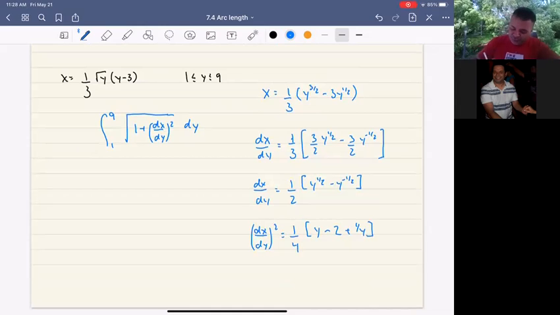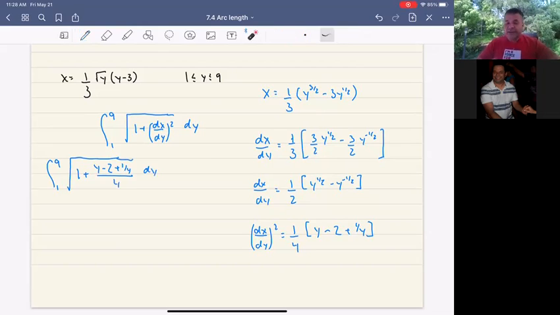So this integral becomes from 1 to 9, the square root of 1 plus y minus 2 plus 1 over y over 4 dy. Again, 1 minus 1/2 equals plus 1/2.